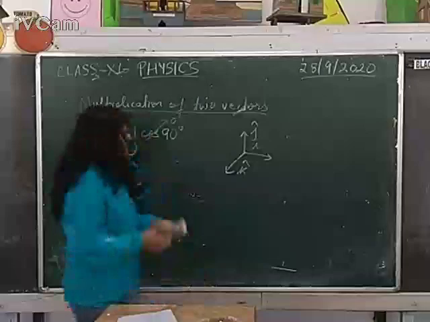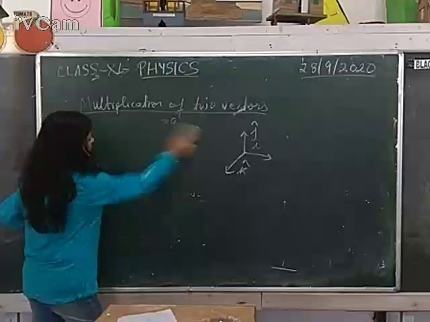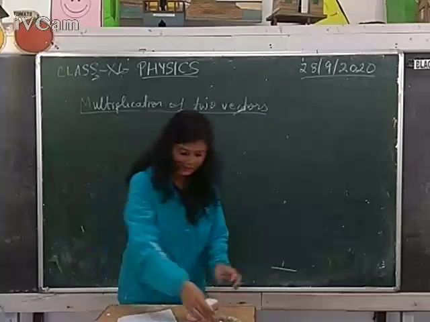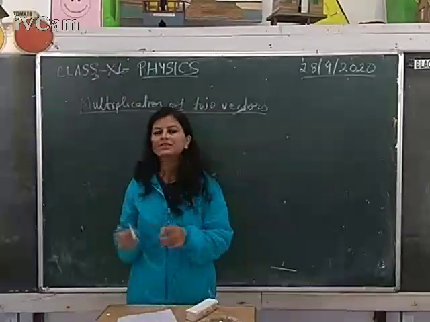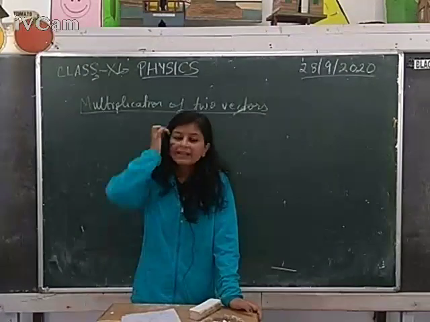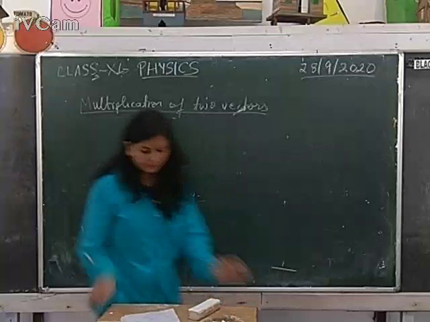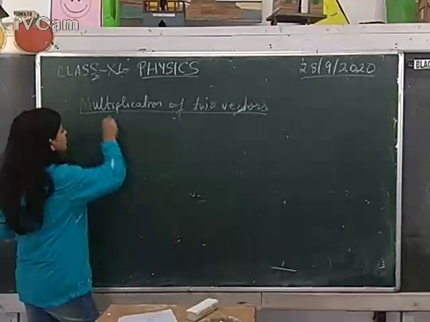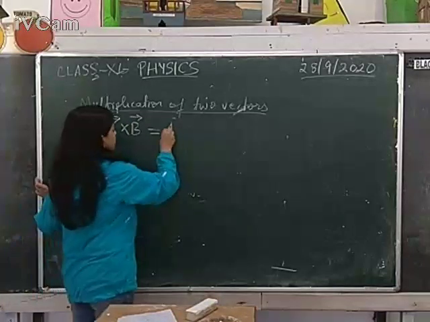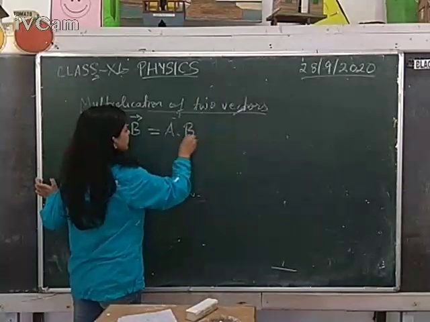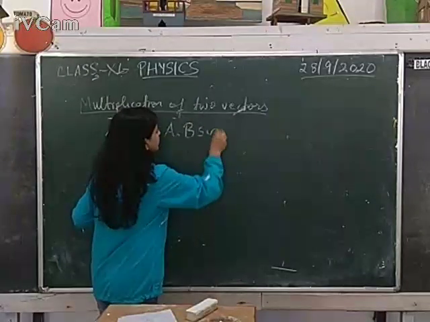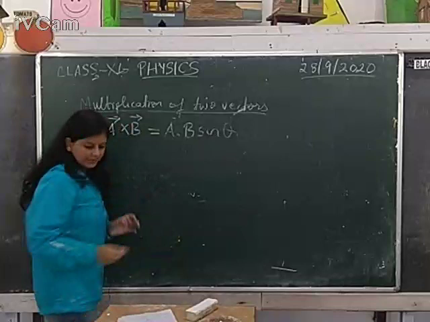Now let us move on, in the same manner, to vector product. Vector product is a vector. So after multiplying two vectors, you are again getting a vector, that is called the vector product. If you are taking the cross multiplication of A cross B, the final result will have a magnitude equal to the product of the magnitudes and the sine of the angle between the two vectors, okay.